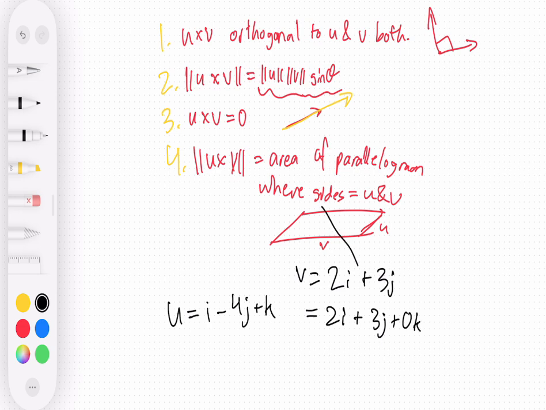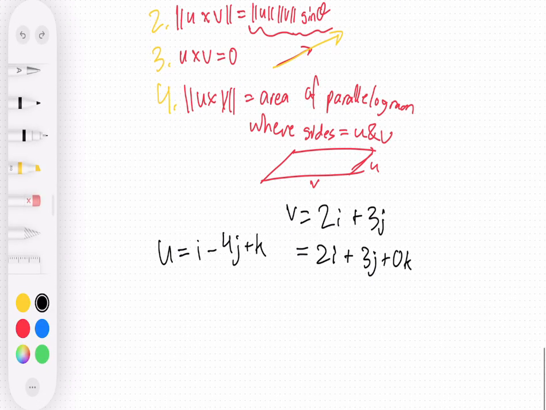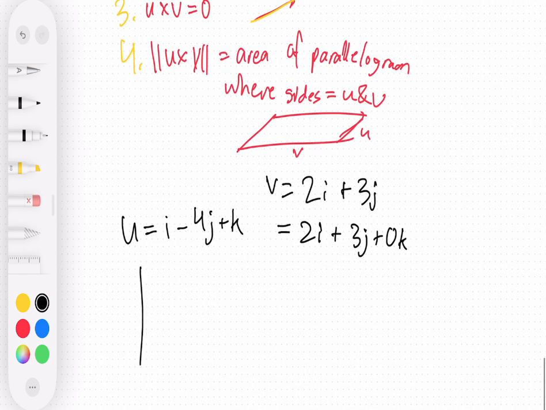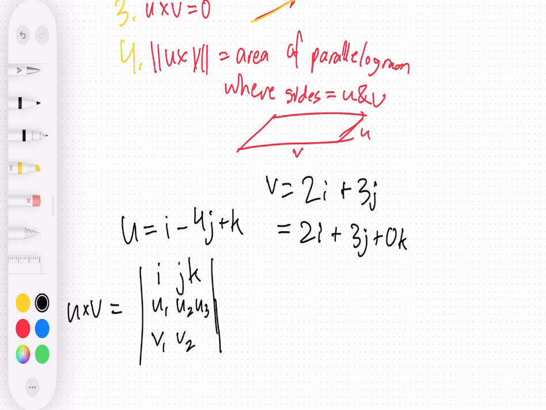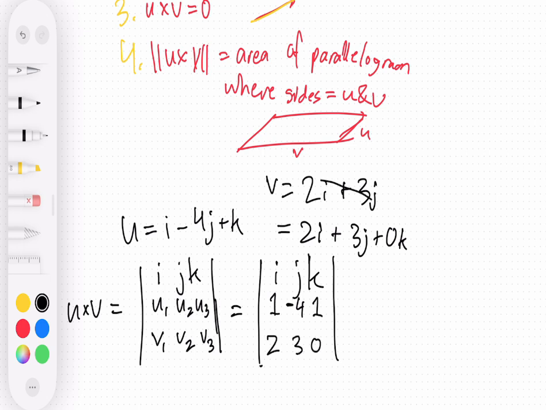Now let's quickly build out that matrix that we had earlier so that we don't have to bring back our formula. i, j, k unit vectors on the top, and then we'll put our first vector first. Just to be clear, we'll do U cross V because, like I said, the order matters. So it'll be U1, U2, U3, V1, V2, V3, which gives us i, j, k, then 1, negative 4, 1, and 2, 3, 0.